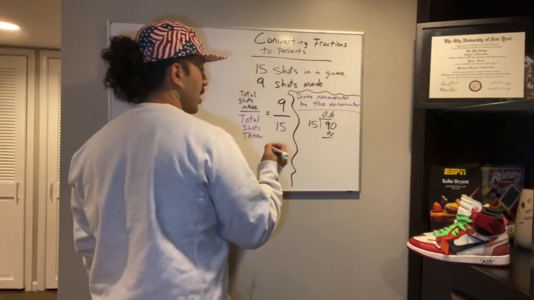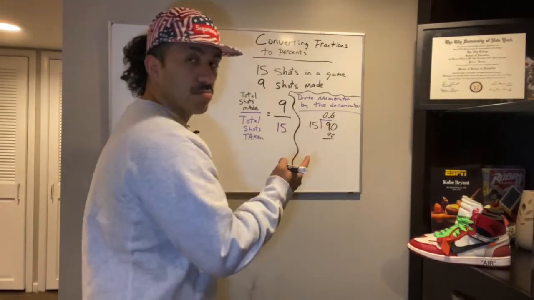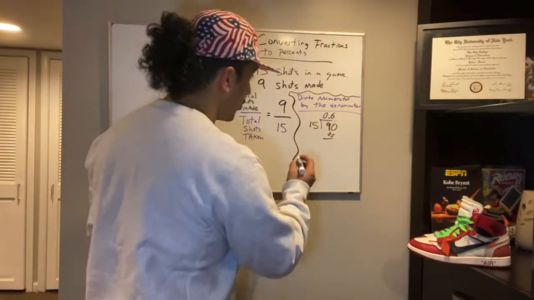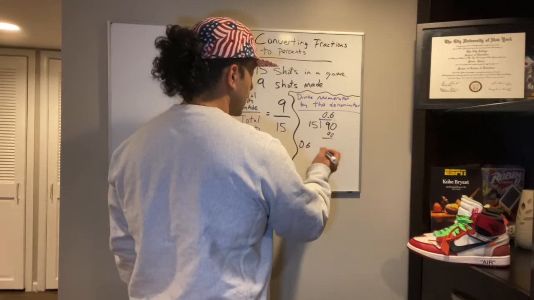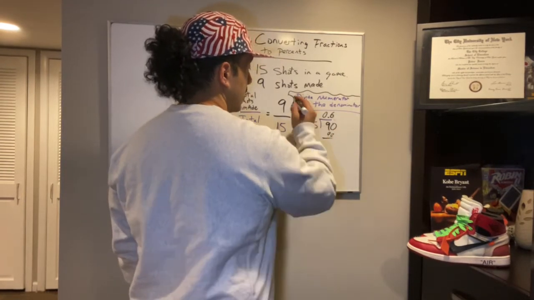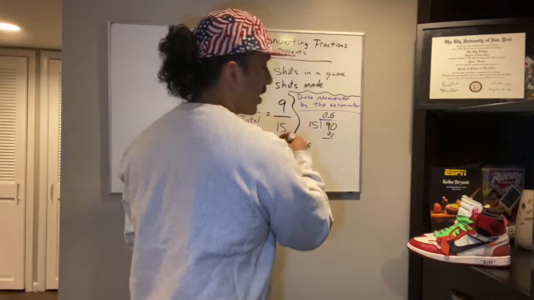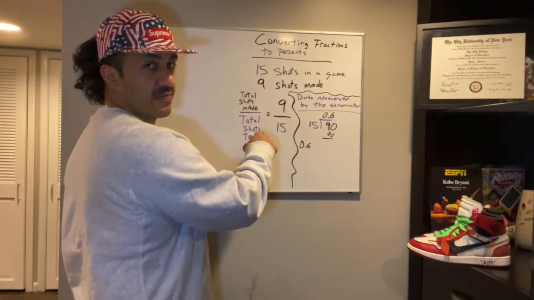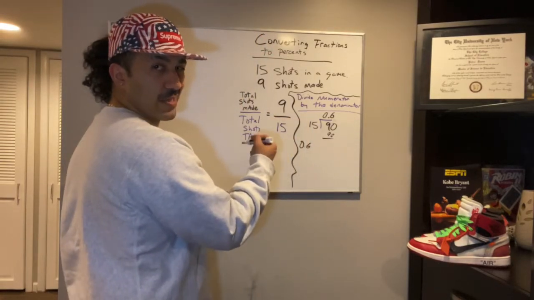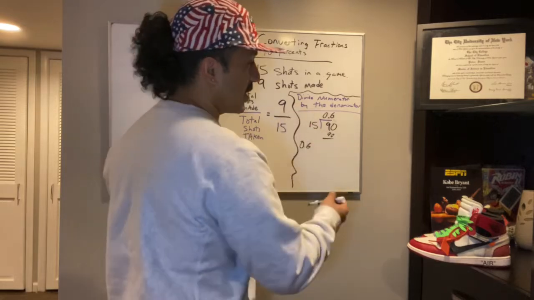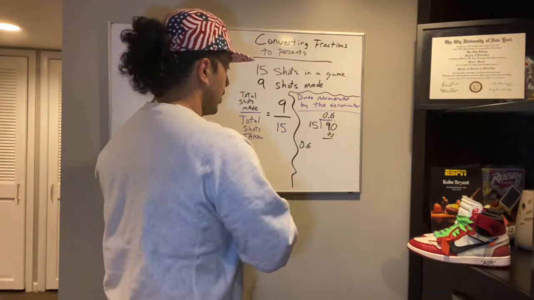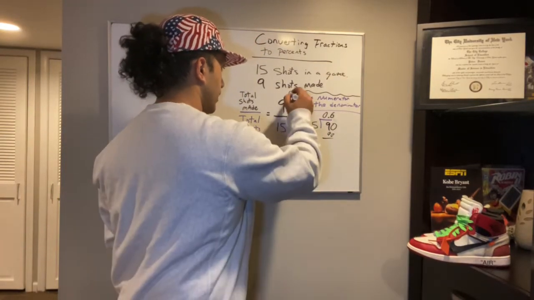But that's not a percent yet. How do we turn 0.6 into a percent? Well, this is step 1. If you want to identify, you consider that identifying your fraction as step 1. But in reality, step 1 is dividing the numerator by the denominator.